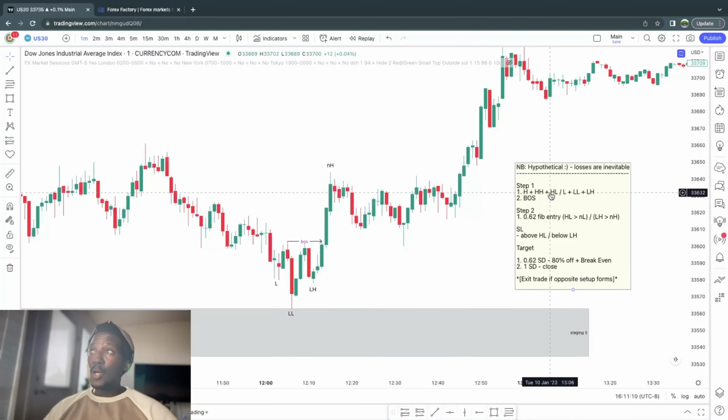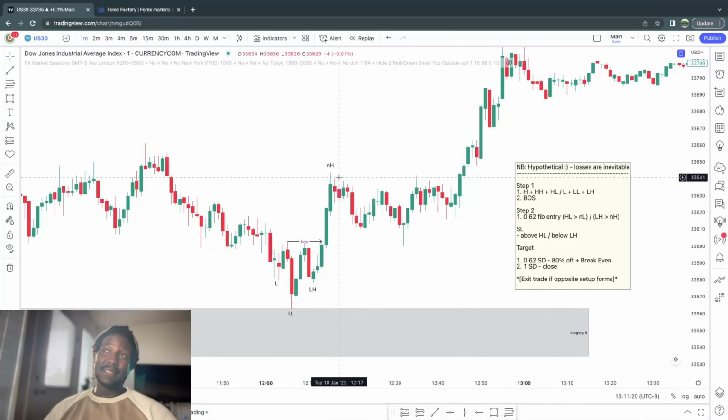So we're going long, so we are looking for a low, a lower low and a lower high. We have a low, a lower low, a lower high, and then we have a break of structure, which happened right there. A market structure shift, and then we wait for a new high to form. And how we confirm a new high is when the market starts retracing down.